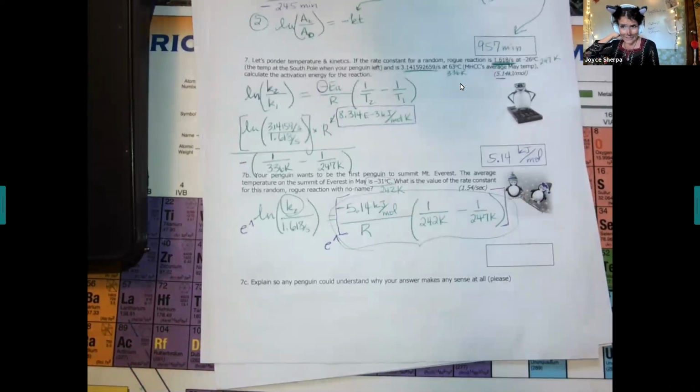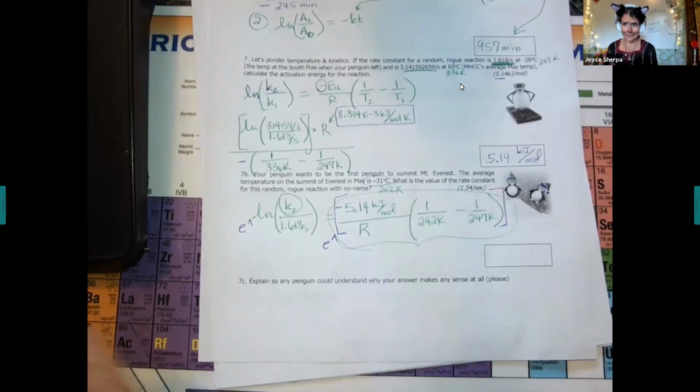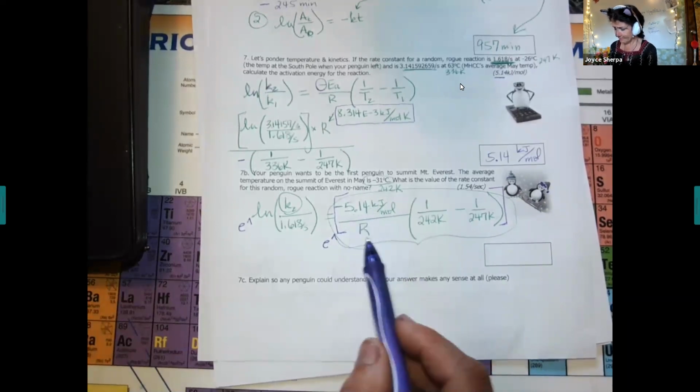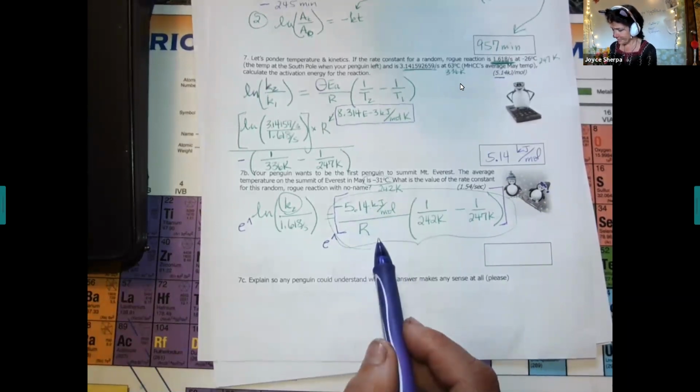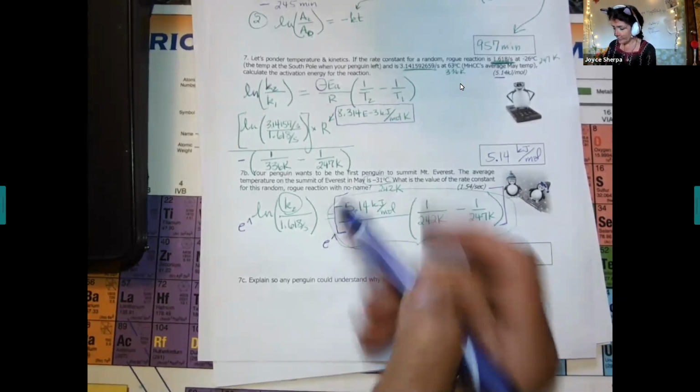It doesn't mean you're better if you can do it all in one step. Having done this for many years, usually I put the problem on the board and you guys work on it, and I go around and I can make suggestions, which is a little awkward to do in this. But I would put all of this in and then do e to the power of that.